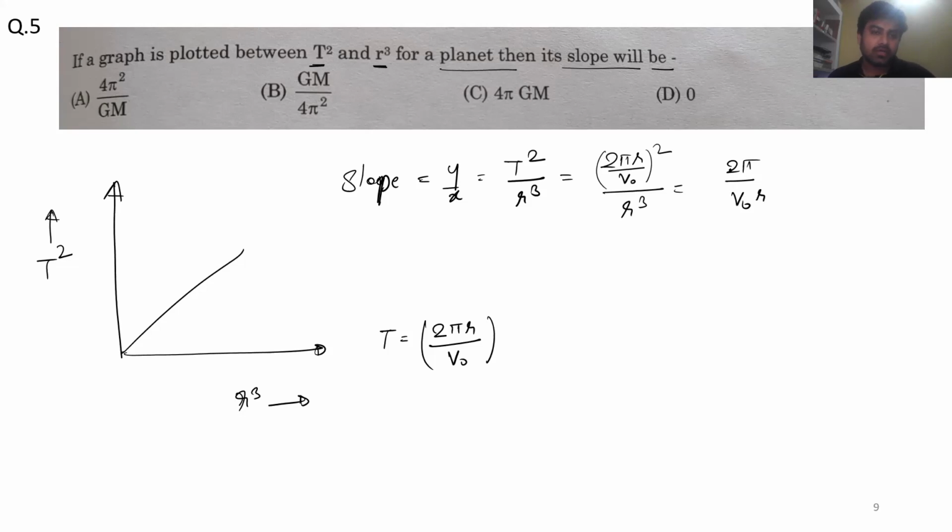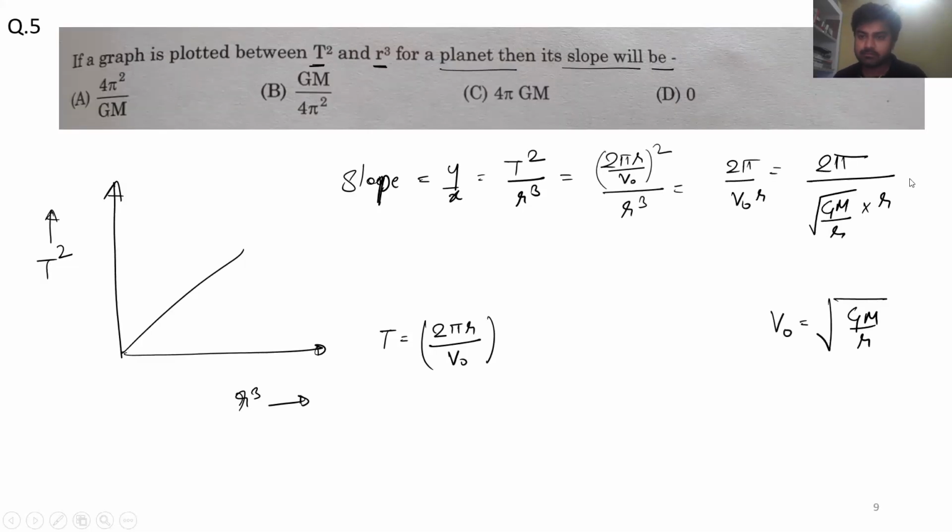Now, because we want the slope to be constant, we will try to make it more constant. When you find the orbital velocity, it comes out to be root gm by r. Put it here, 2 pi under root gm by r, into r.